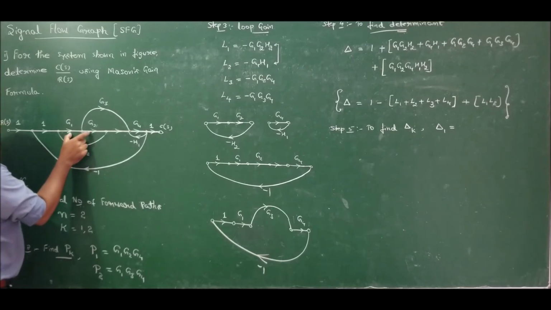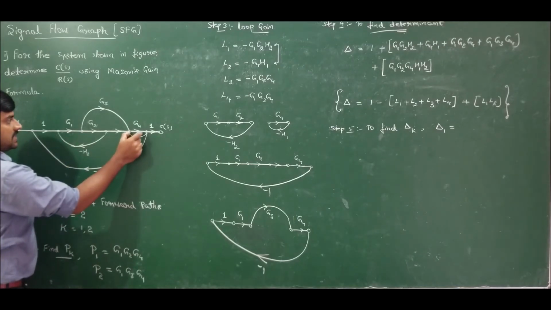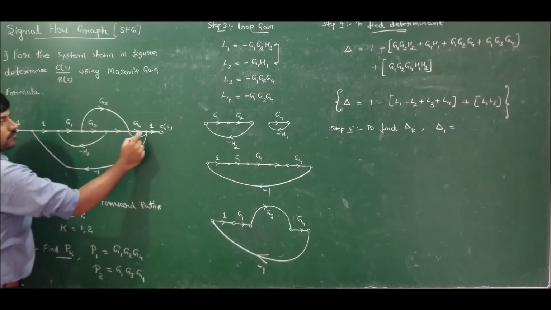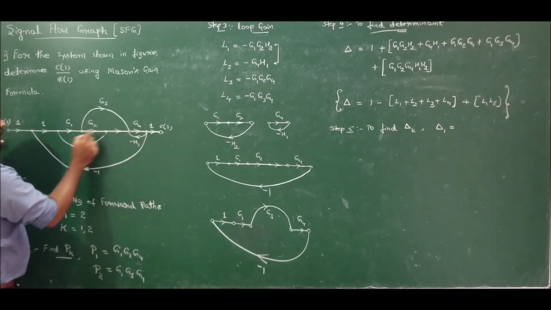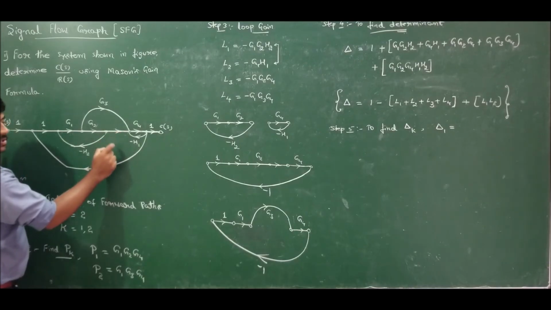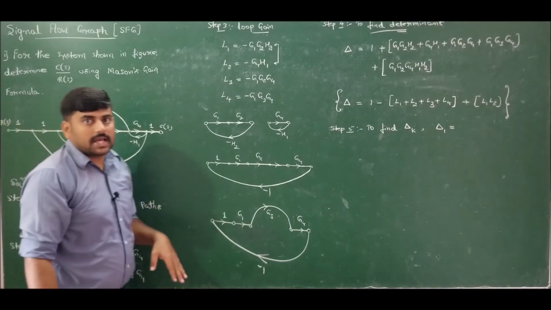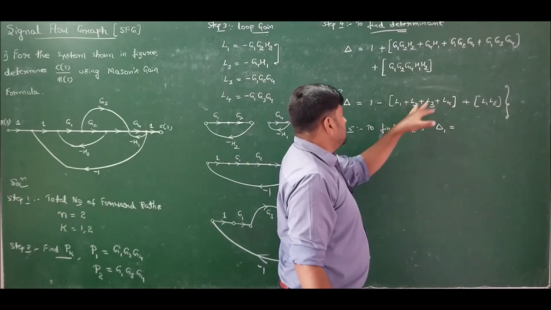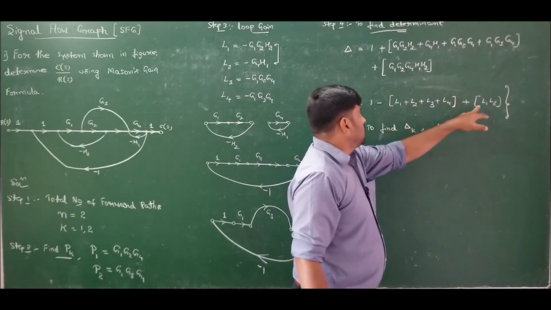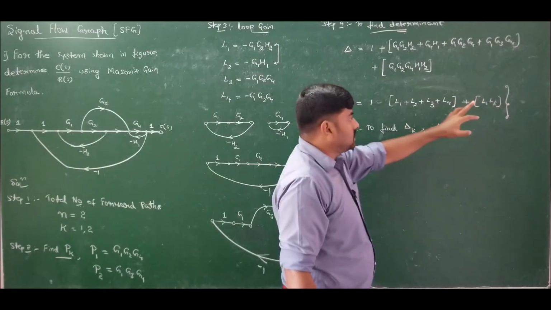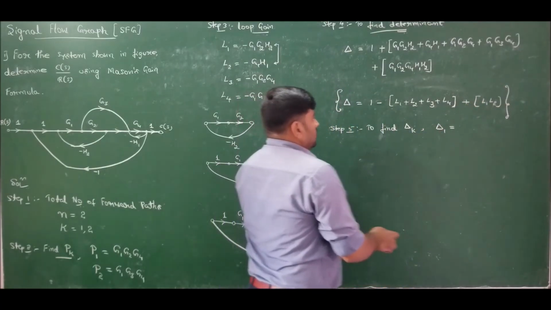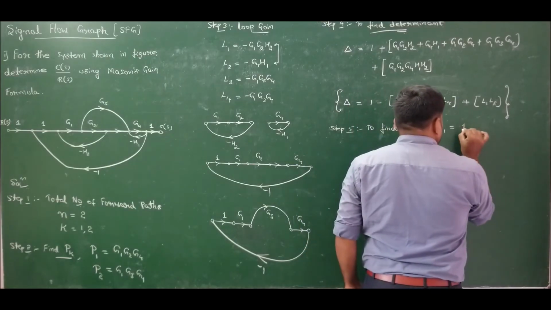Loop 1, yes, it is touching path 1. Loop 2, yes, it is touching path 1. Loop 3, of course, it is made up of path 1 itself. Then loop 4 is also touching path 1. So all the loops are touching path 1, hence eliminate all the loops. If I eliminate L1, L2 and all the others, then I am left with delta 1 equal to 1 only.